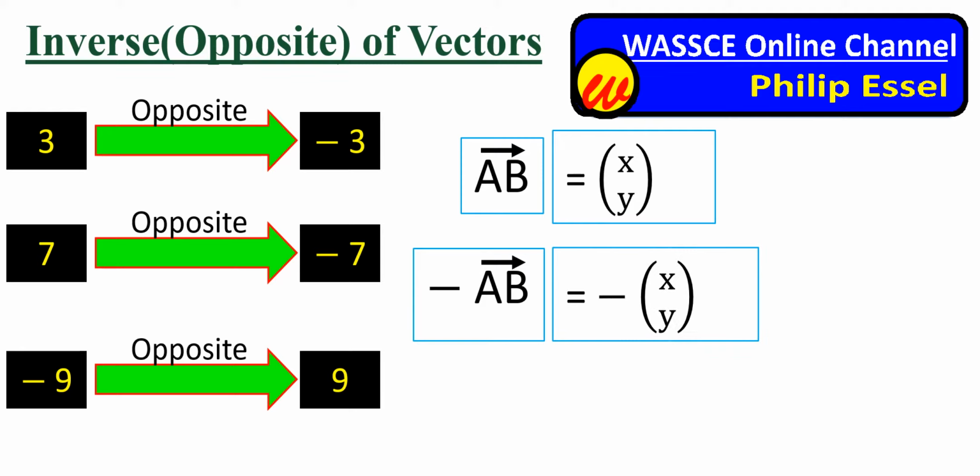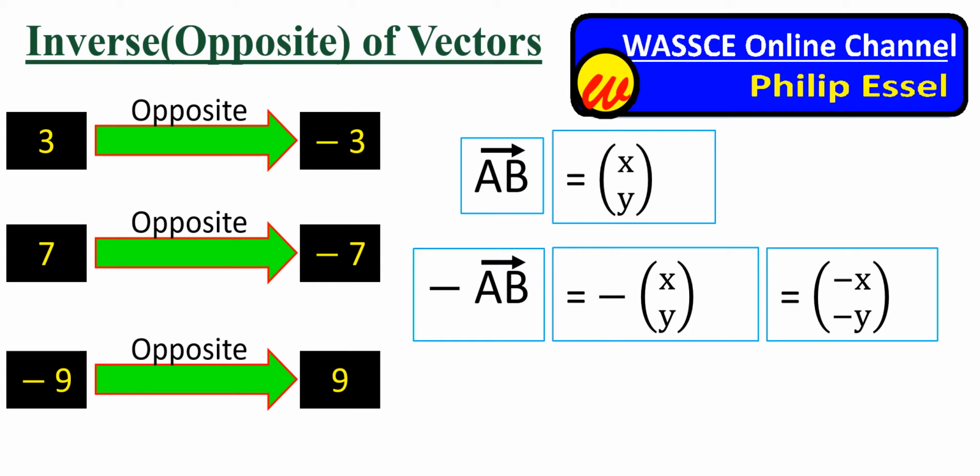Negative xy simply means that the negative sign is multiplied by the x component and the y component. So when the negative sign multiplies the x component, you would get negative x, and when it multiplies the y component, you get negative y. So what this means is that if vector AB is equals to xy, then its opposite vector, which is negative AB, should be negative x, negative y.